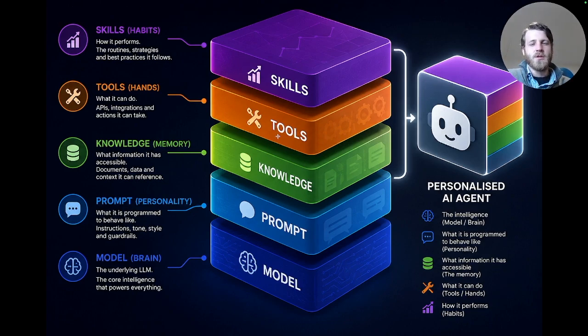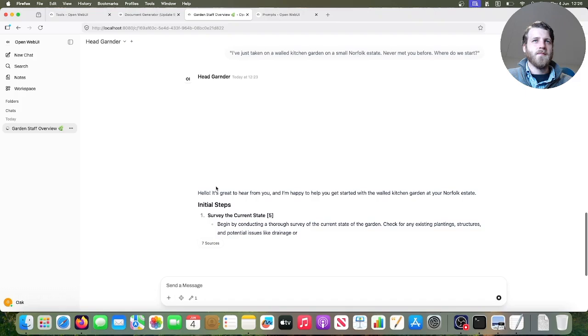The visual toolkit enables the head gardener, Edmund Fairweather, the personalized AI agent, to create charts as opposed to just text outputs. And again, within the community section on OpenWebUI, you can find a whole plethora of various tools to suit your needs, depending on the task you have in mind for your personalized AI agent to complete. And then on top of that, the skills are the best practice.